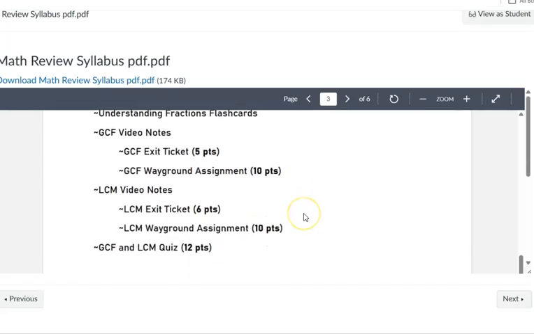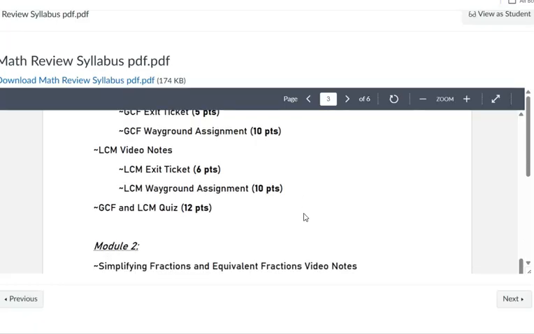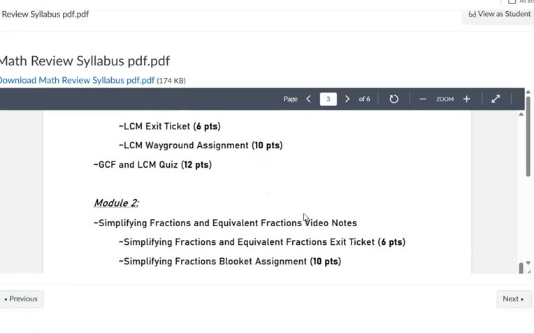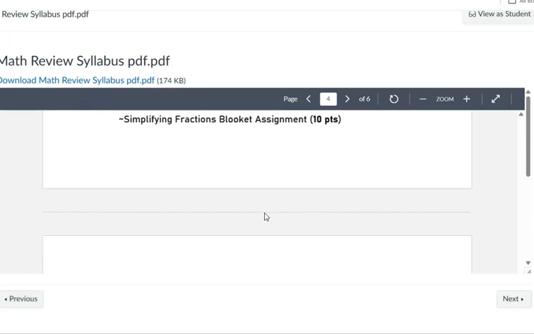Point values are also included in the syllabus so the students know how much each assignment is worth. I'm going to scroll through the remainder of the syllabus so you can see what it looks like, but I'm going to describe each module after this.